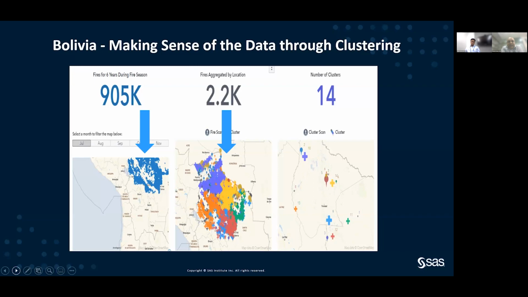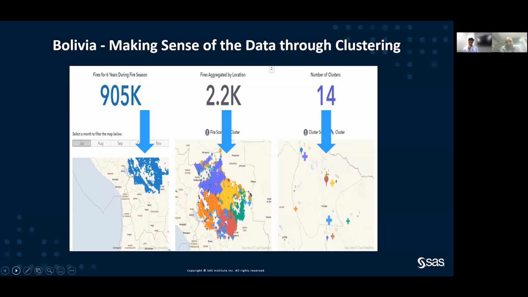So we basically did the first step of clustering here. And then we did a second step of clustering, and we also factored in the intensity of fire in this case. And then we ultimately had 14 clusters.